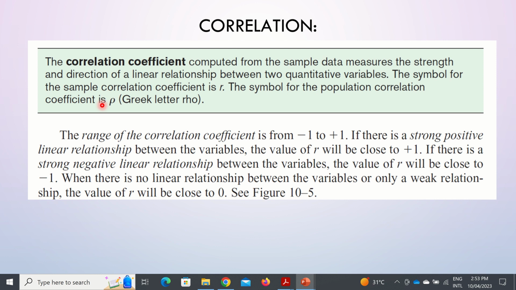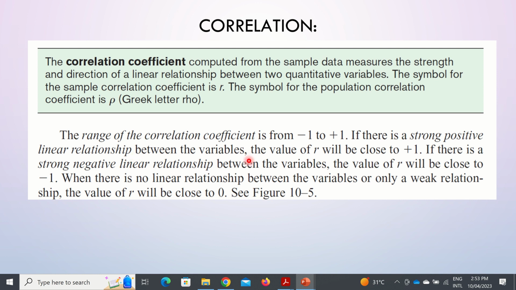Now keeping in mind that this correlation coefficient is always between -1 and 1, that means the absolute value of r is less than or equal to 1. If the value of r is close to 1, it means the data has a strong positive linear relationship.